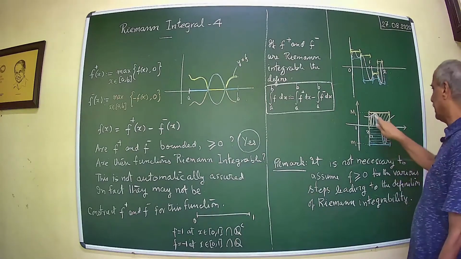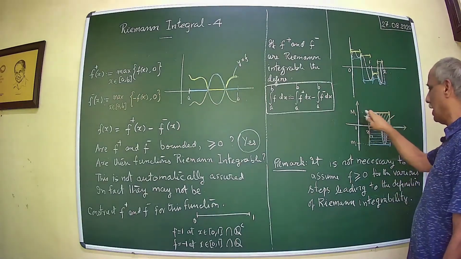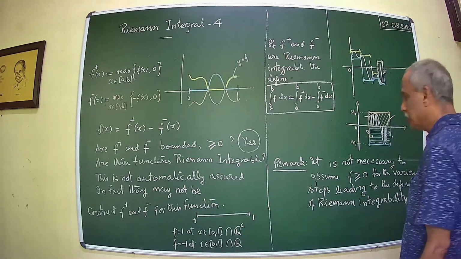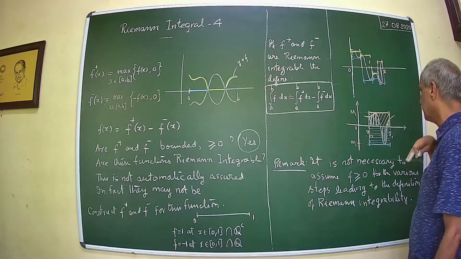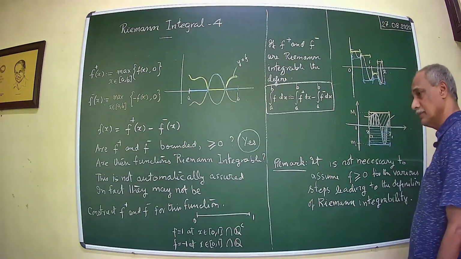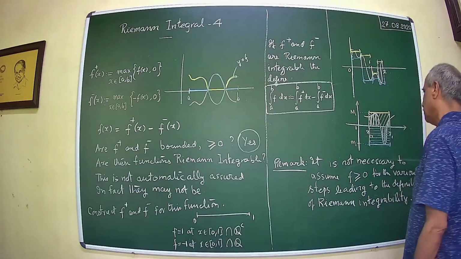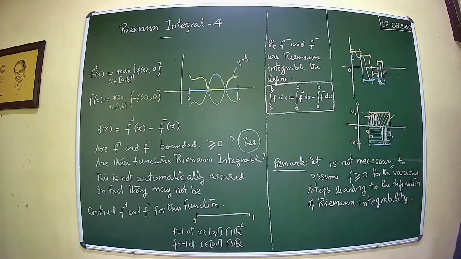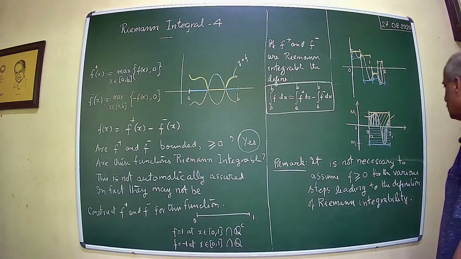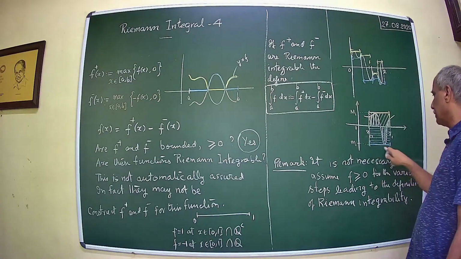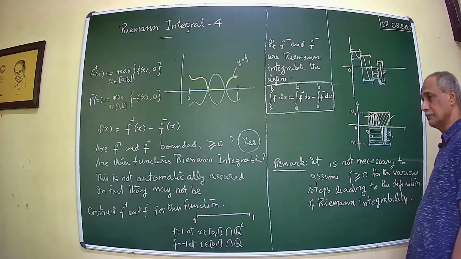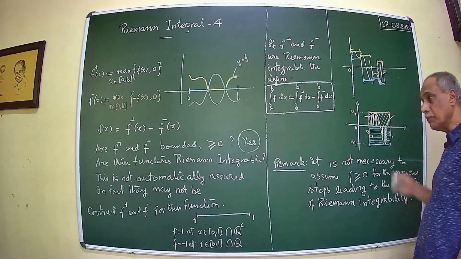So we can construct a step function which bounds the given function from above, as you did in the case of non-negative functions. So also you can construct a step function which is bounded below.